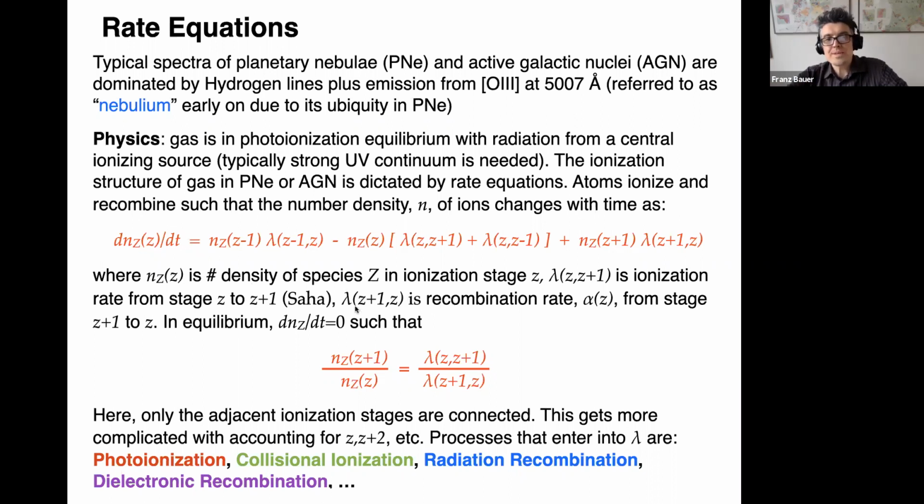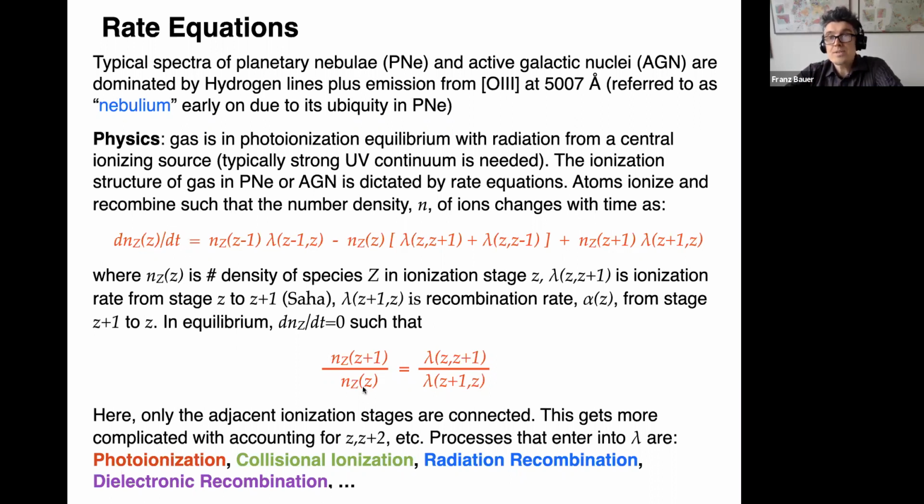And so in equilibrium, this change would be 0. You'd have equal numbers of atoms being ionized and equal numbers of atoms recombining. And so in that case, this ratio is going to be equal to this ratio. And so this simplifies things a little bit.